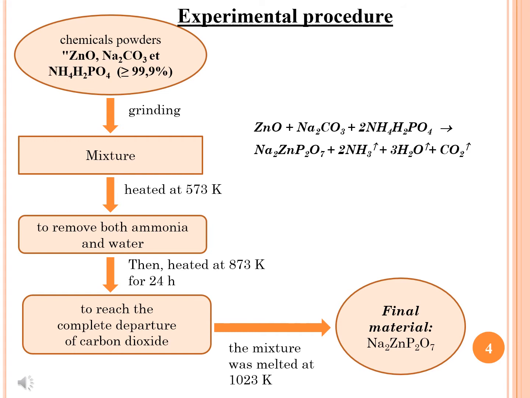The mixture was progressively heated in a platinum crucible at 573 Kelvin in order to remove both ammonia and water. After grinding, the powder was heated at 873 Kelvin for 24 hours in order to reach the complete departure of carbon dioxide. Then the mixture was melted at 1023 Kelvin for the total reaction.